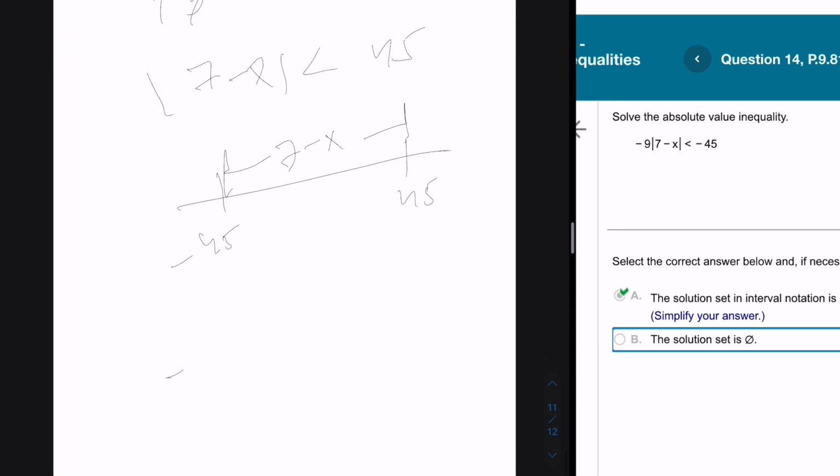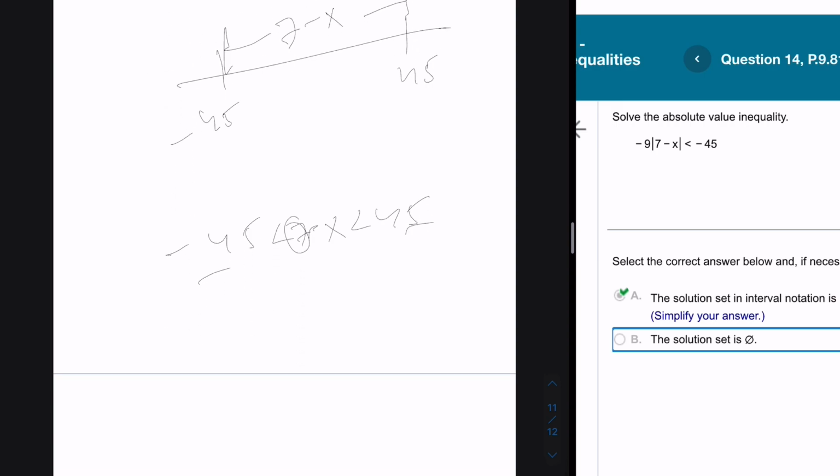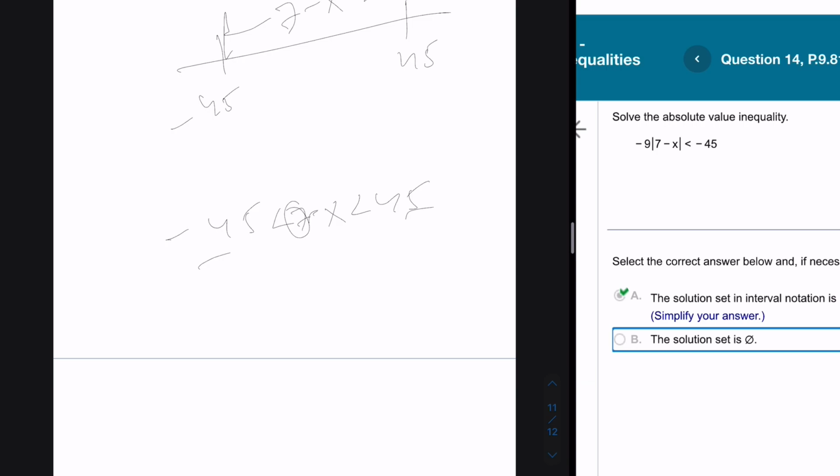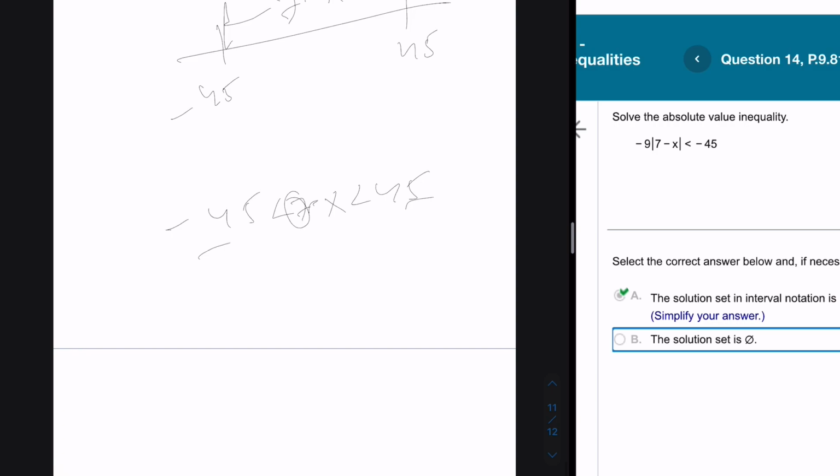So you can write the equation as 7 minus x, then subtract 7, it will go minus 7, then again, now be careful. If you are subtracting or adding a minus sign, the sign doesn't change, right?